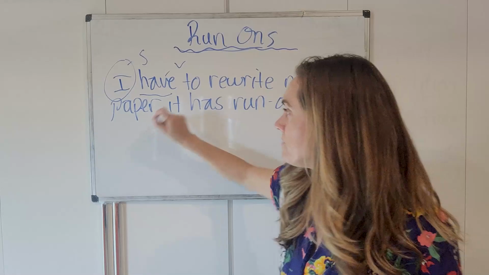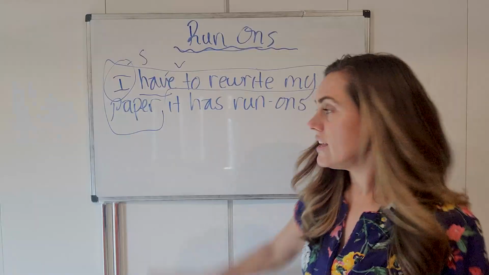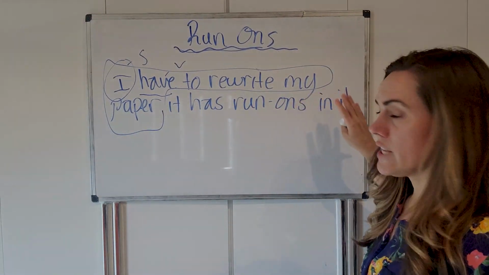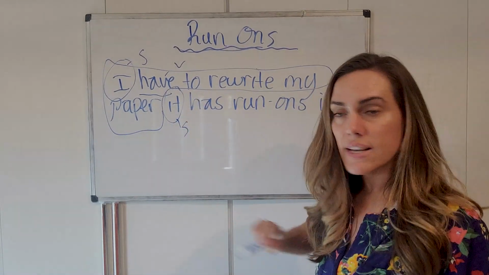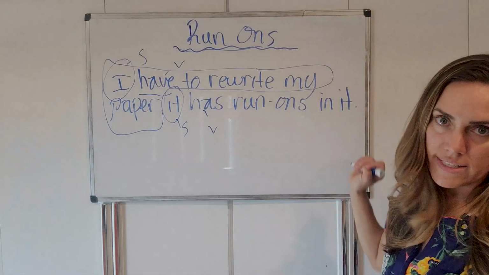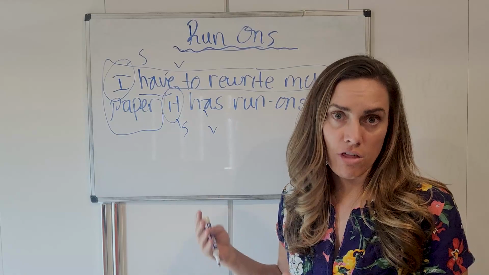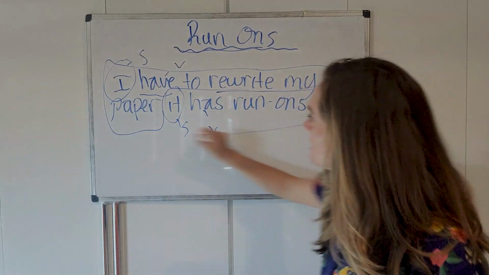So right here, we have our first complete sentence. Here, we have another one. It has run-ons in it. It is the subject. Has is the verb. It has run-ons in it. That's the rest of the sentence. It completes the thought. It makes a complete idea. So this is the second sentence.